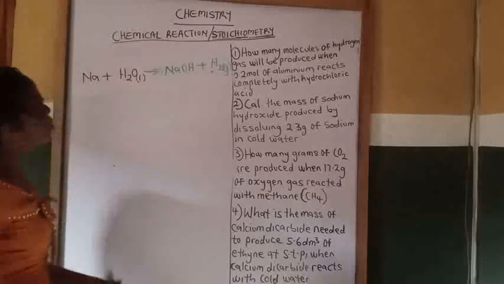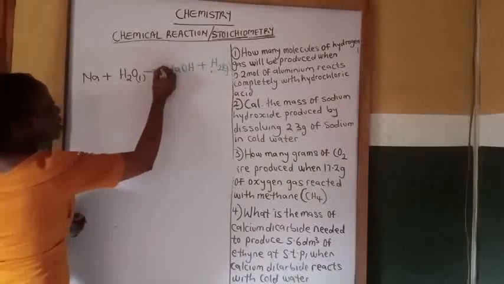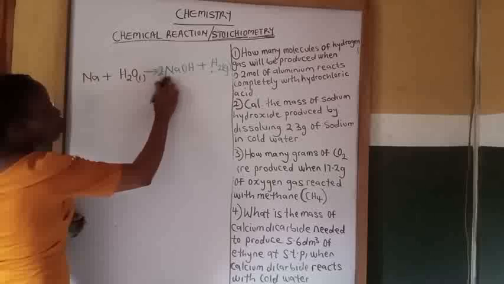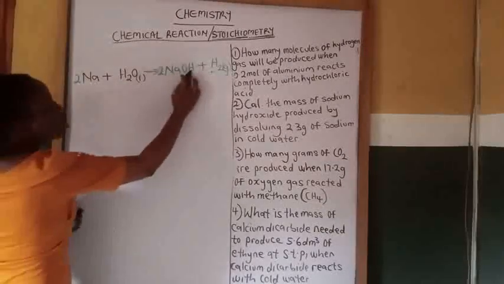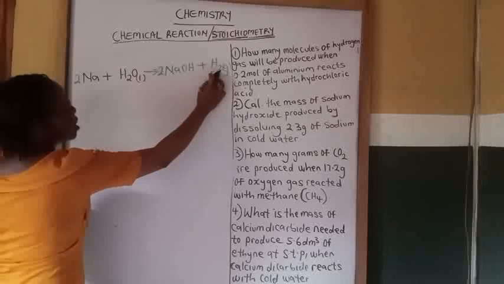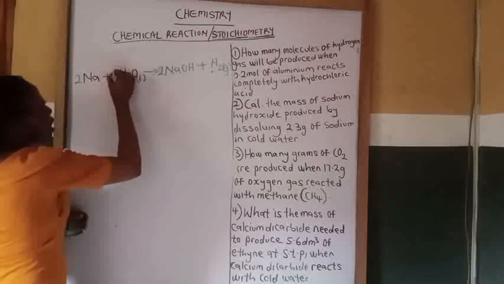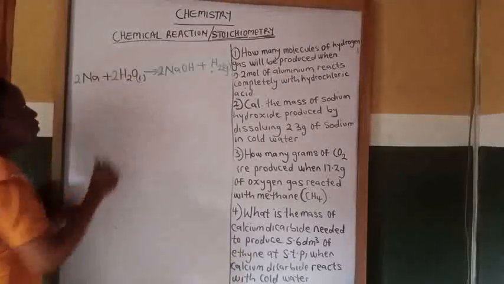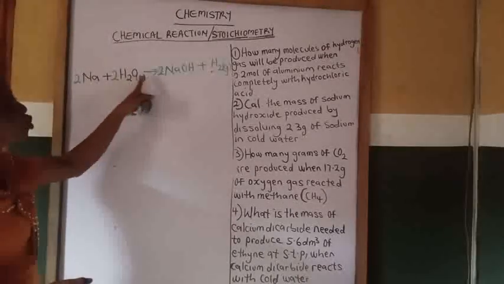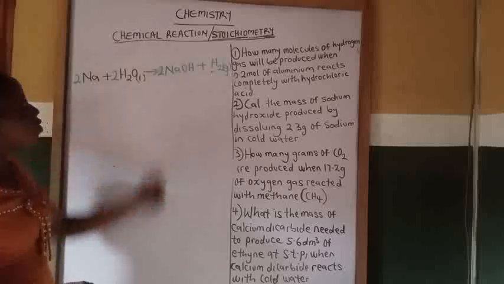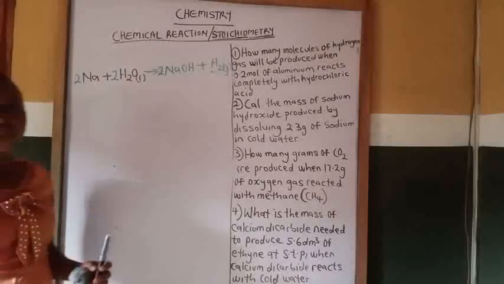So our equation is not balanced. Then let's add 2 to this side. So we have 2 sodium now, we have to balance this side with 2. Then 2 hydrogen here plus 2 hydrogen here, making 4 hydrogen. So we add 2 to this side. 2 times 2 will give us 4, so the number of hydrogen is balanced. Then oxygen is 2, 2 times 1 oxygen, so oxygen is 2. Our equation is balanced.